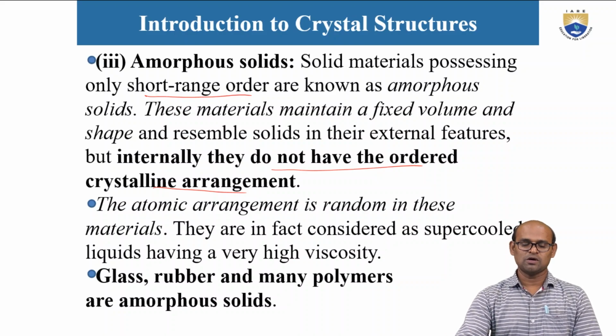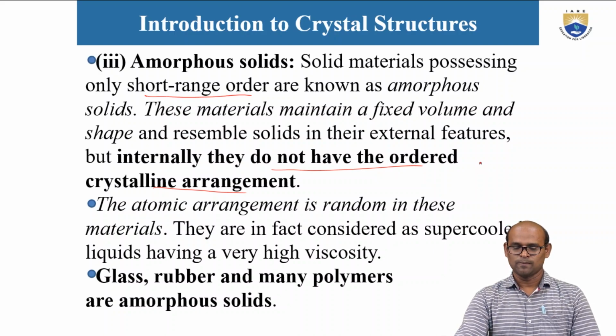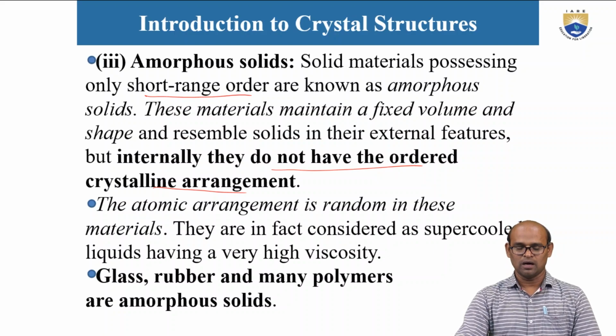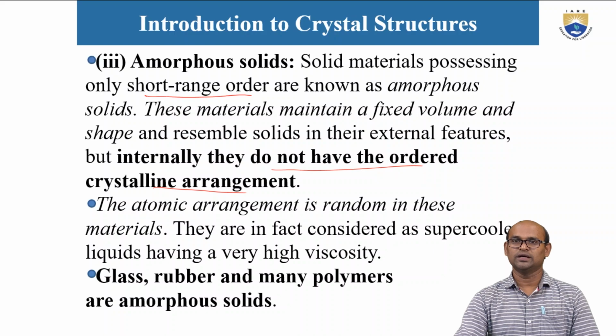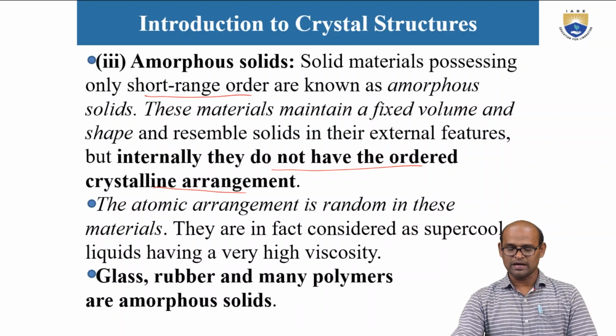Okay, so amorphous solids are going to have very short range order, so the order is only for very small distances. These materials maintain fixed volume and shape and resemble solids in their external features, but in general they do not have any atomic arrangement internally, so there is no crystalline arrangement. The atomic arrangement is random in these materials.